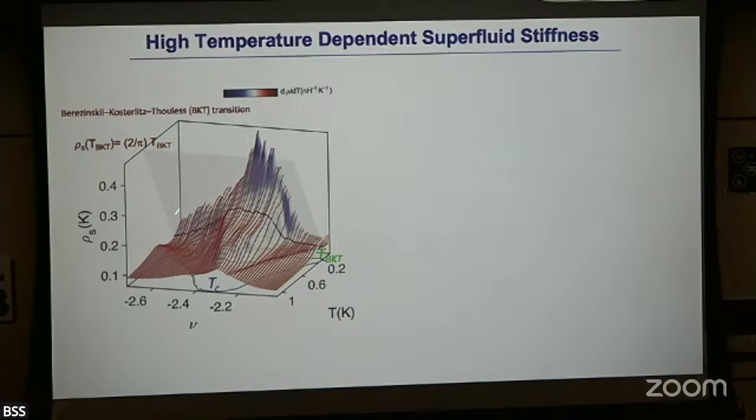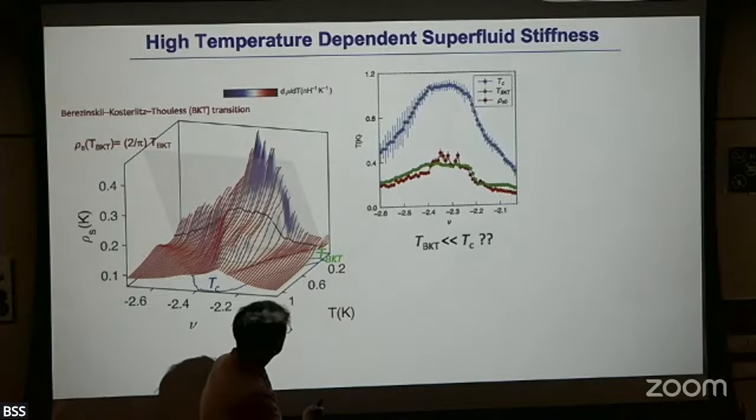In other words, given this functional form from the experiment, I'm simply drawing this line with the slope of 2 over pi, and cutting that slope with the measured rho of T. Projecting that black line onto the temperature scale gives basically the BKT transition temperature we can obtain. And that's what I'm plotting here now.